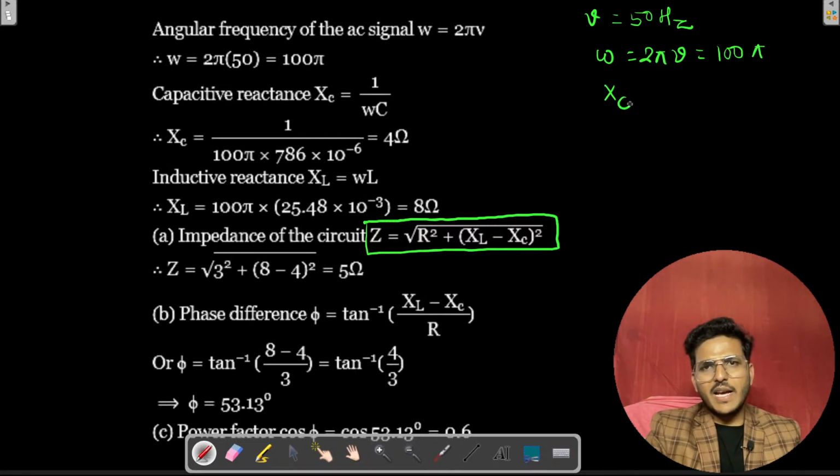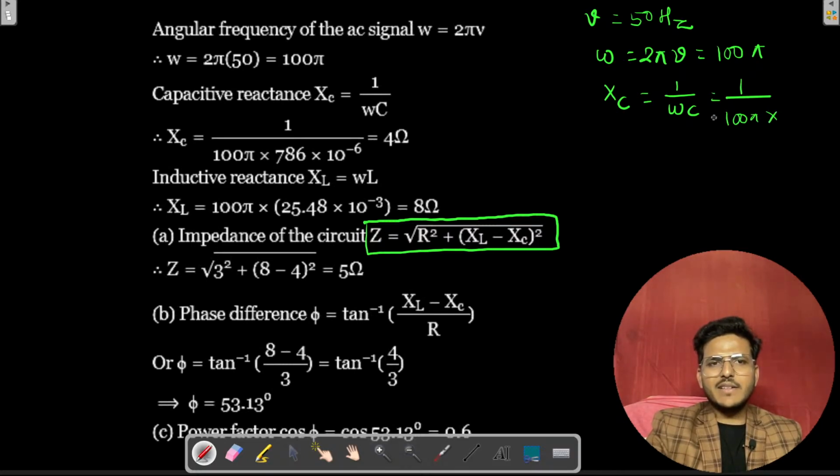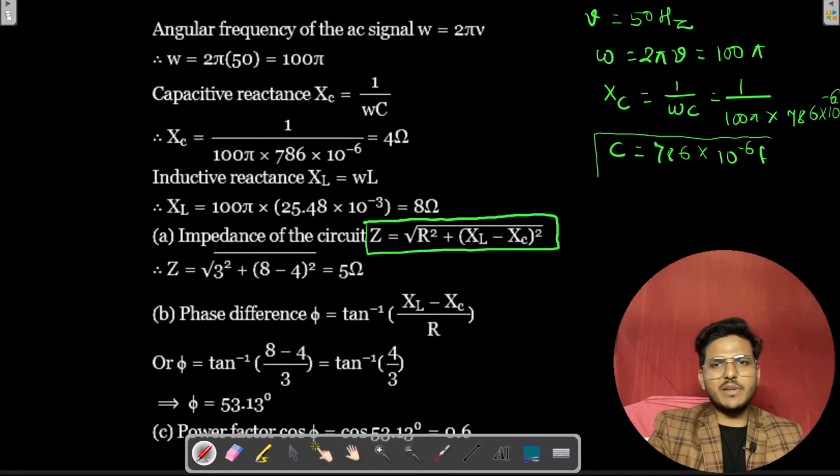And what about XC? XC is 1 upon omega C. So 1 upon omega, which is 100 pi, and the value of C is 786 into 10 to the power minus 6. Why using 10 to the power minus 6? Just because C is 786 microfarad.